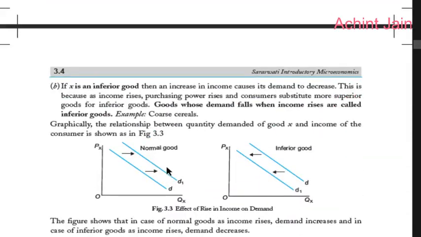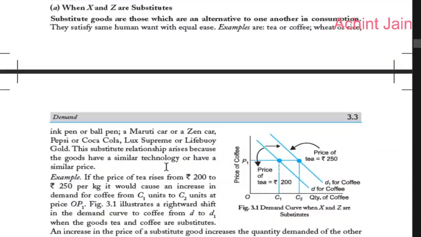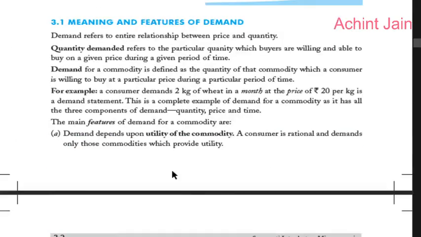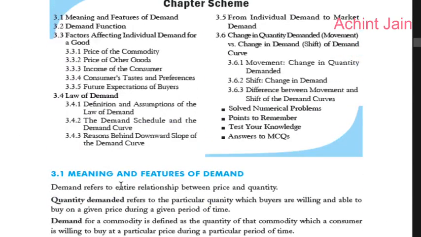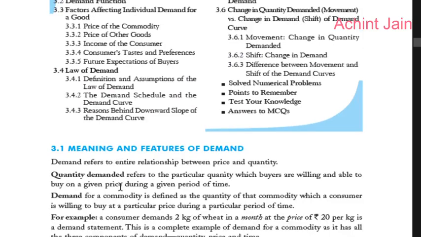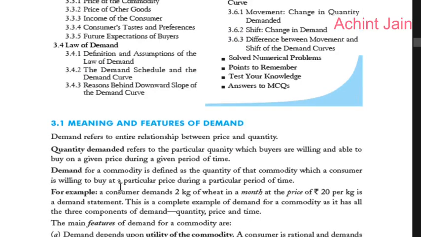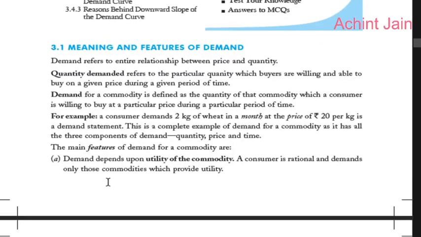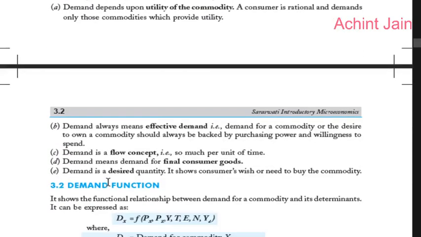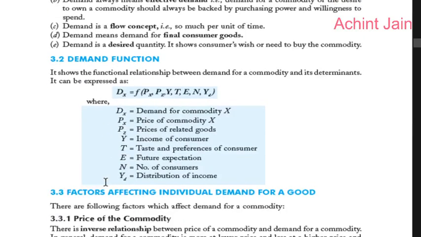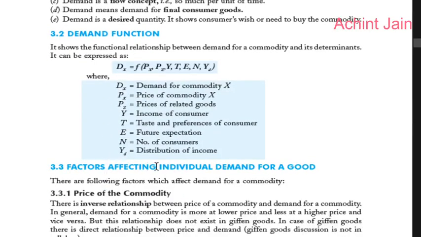Then today what we tried to discuss in total: from the start we began with the definition of demand, and then QD, quantity demanded. Then we understood it with the help of an example. Then we discussed the features of demand. Then after the demand function, I told you about individual demand and market demand.